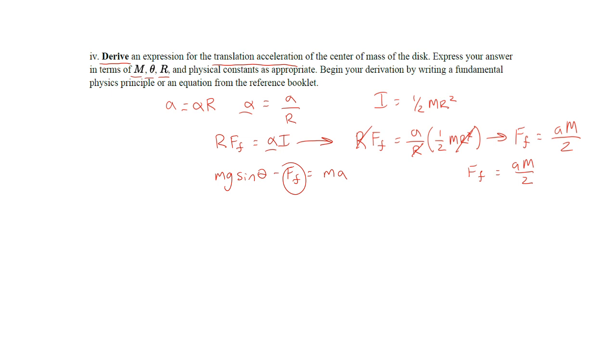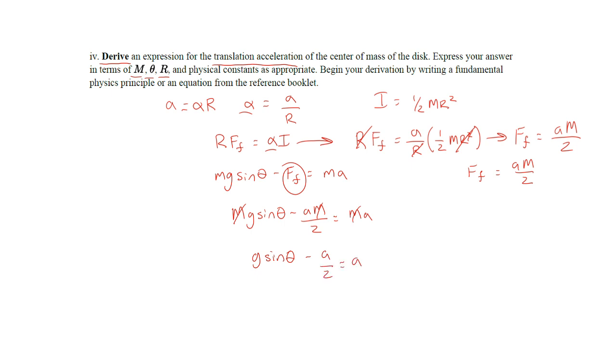So we have mg sine theta minus a m over 2 equals m a. So our masses divide out. So we're left with g sine theta minus a over 2 equals a.